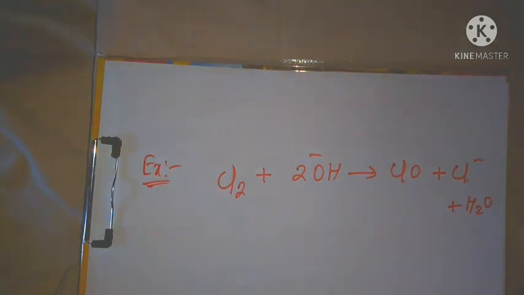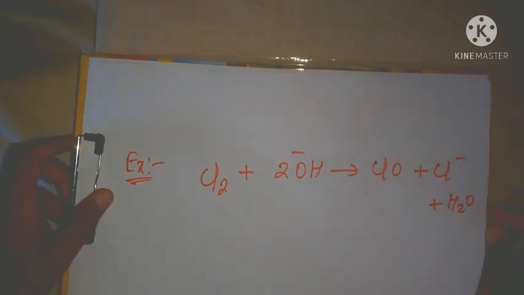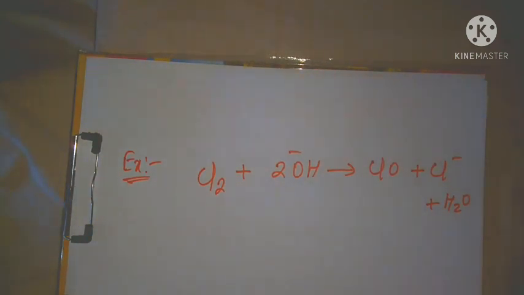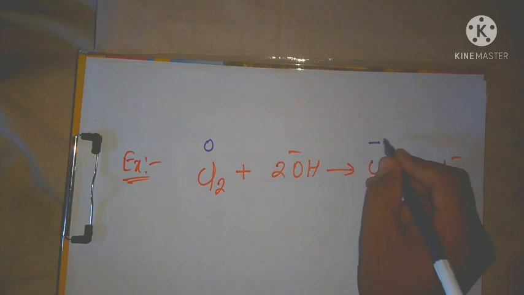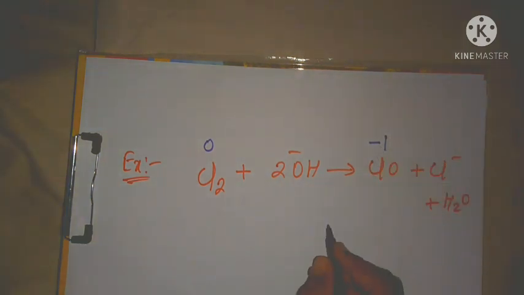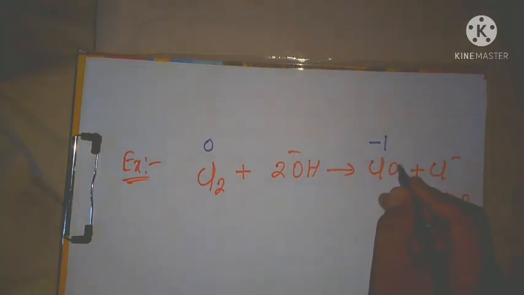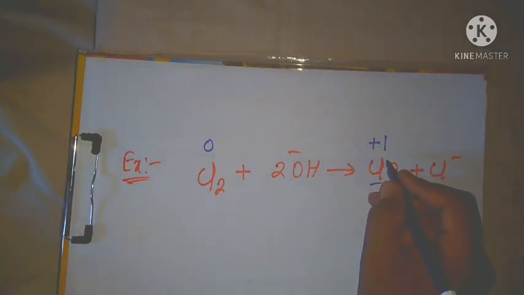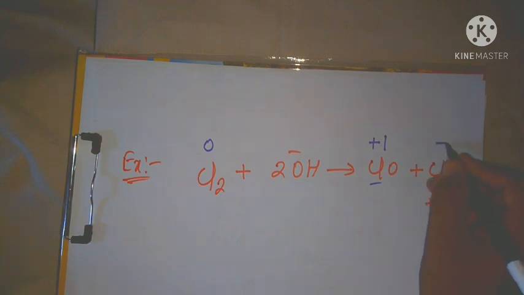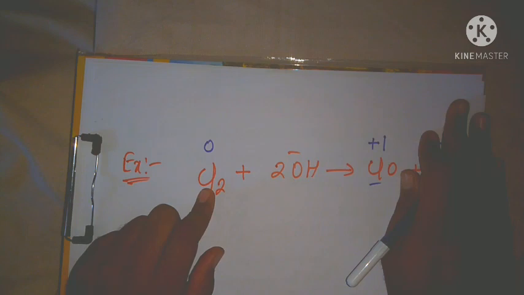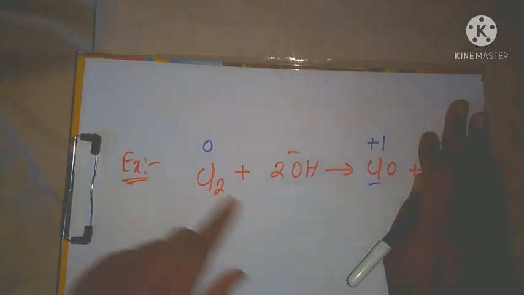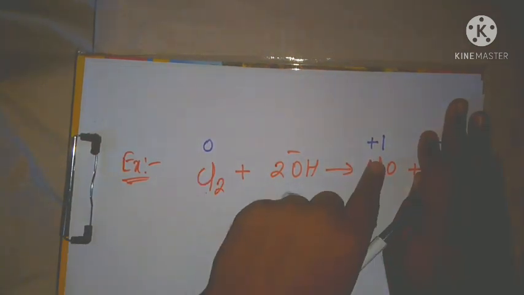Now here, the oxidation number of Cl is 0 in Cl2, whereas in ClO minus, oxygen is -2 and Cl is +1. In Cl minus, the ion means -1.